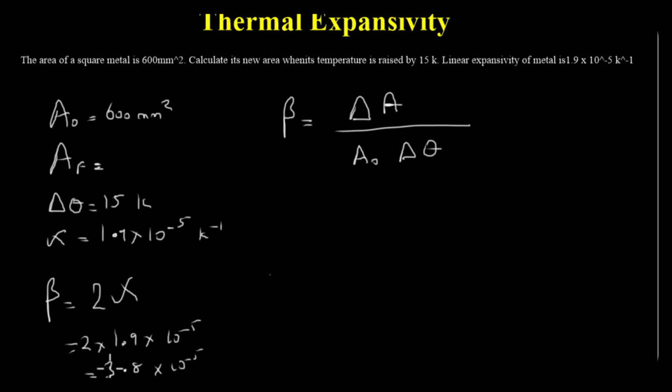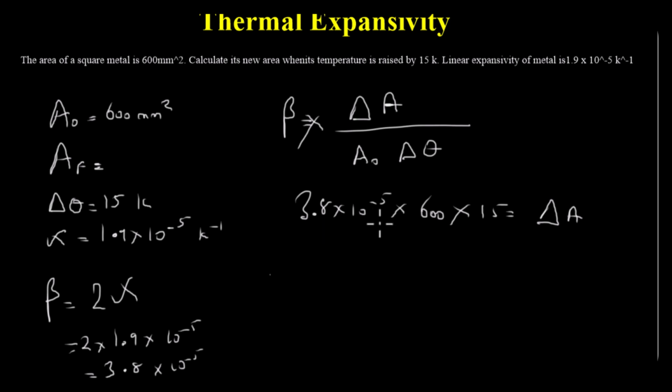So that's my superficial expansivity. So I can cross multiply now. Cross multiplying, I'll have 3.8 times 10 to the power of minus 5 multiplied by the original area, that's 600, then multiplied by the temperature change, which is 15, and this must be equal to change in area.